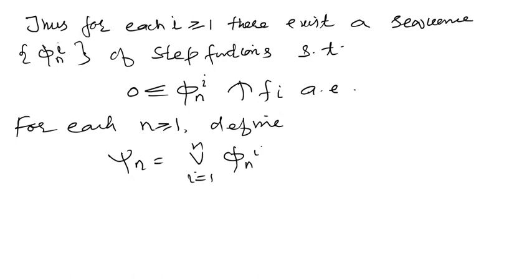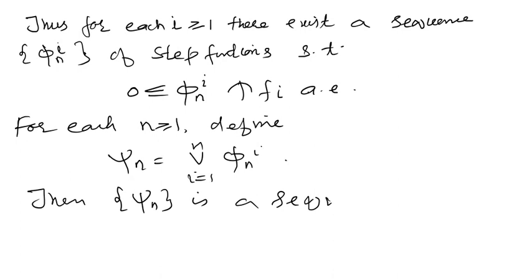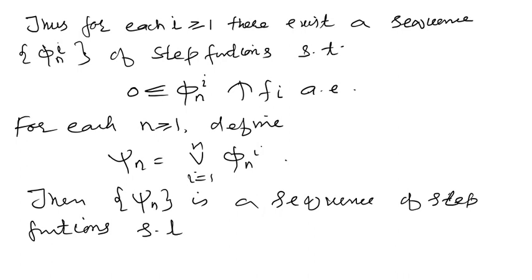Then psi n is a sequence of step functions such that, as you can easily verify, the limit of psi n is the same as the limit of fn, and that's equal to g.